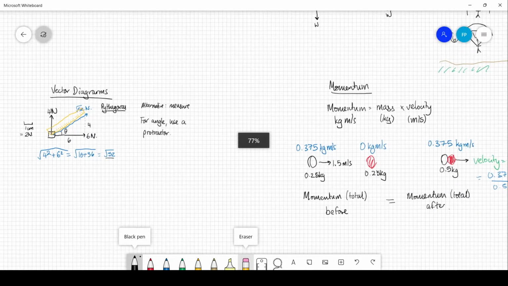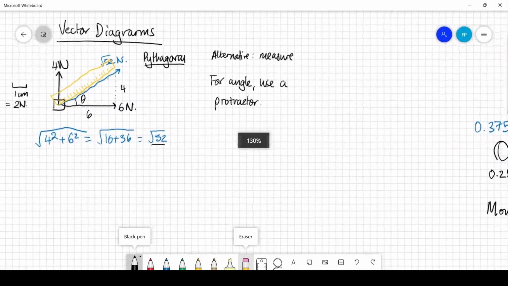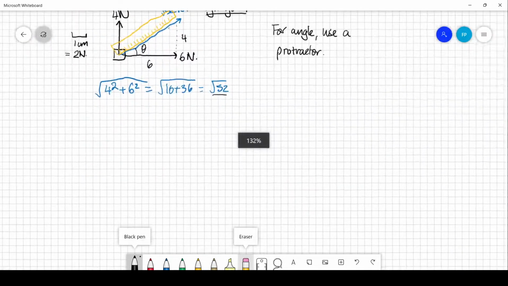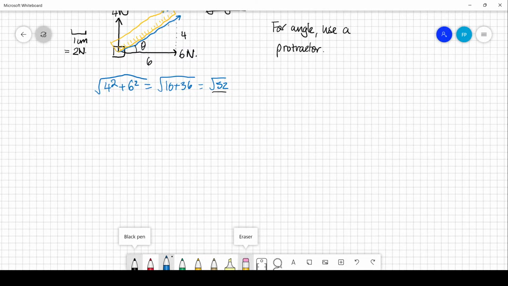So that's almost it for vector diagrams, because they could ask you to do the reverse. They might give you a resultant force, let's say 9 newtons, and give you the angle, let's say at 50 degrees. And you might actually need to do something called resolving this force. In this case, you do the opposite.